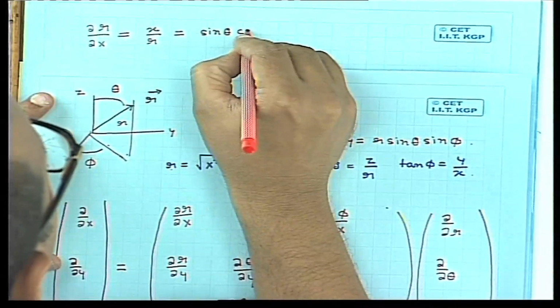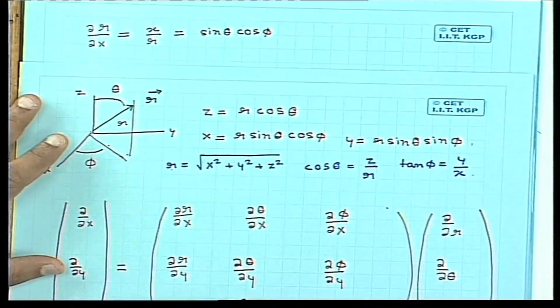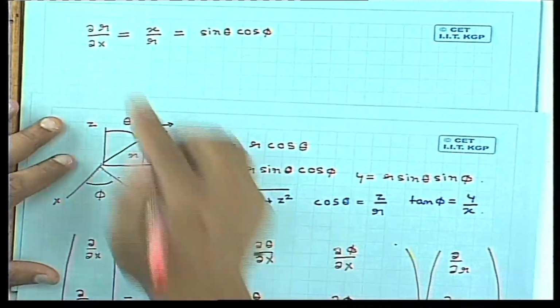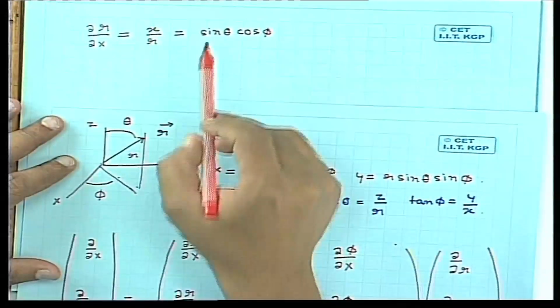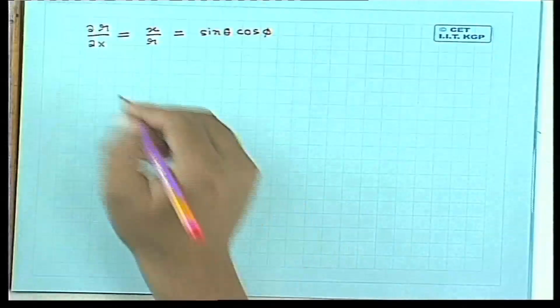Similarly, del r del y is just sin theta sin phi, that is also very straightforward.